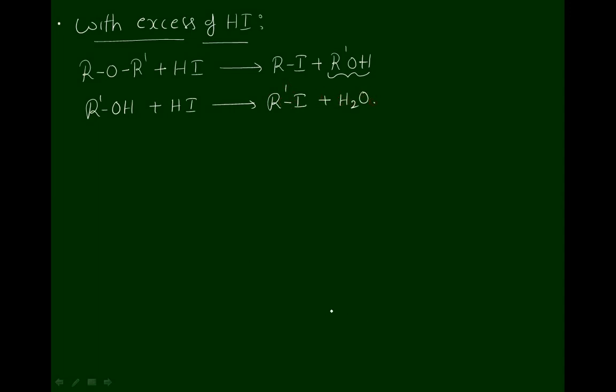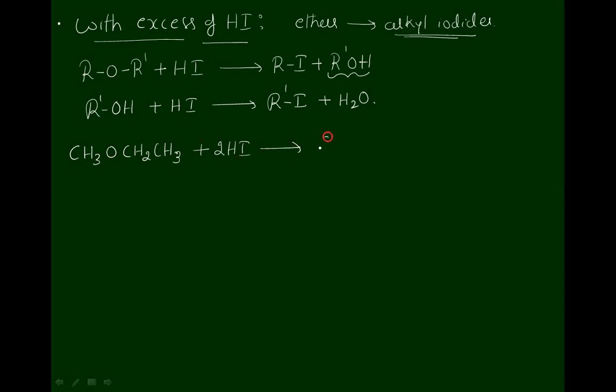What does it indicate? When we use excess hydrogen iodide with ethers, they get completely converted into only alkyl iodides. For example, CH3OCH2CH3 treated with excess hydrogen iodide first gives methyl iodide, because it follows the SN2 mechanism and the iodide ion always attacks the less sterically hindered carbon atom, plus we get ethanol.